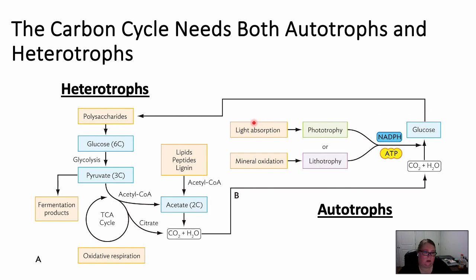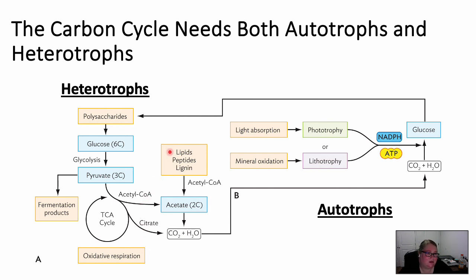and that glucose can go over here and go into the cellular respiration cycle, and heterotrophs can use it to make energy. We can make fermentation products. Okay, we can make ATP. We'll talk a lot more about ATP in another chapter.